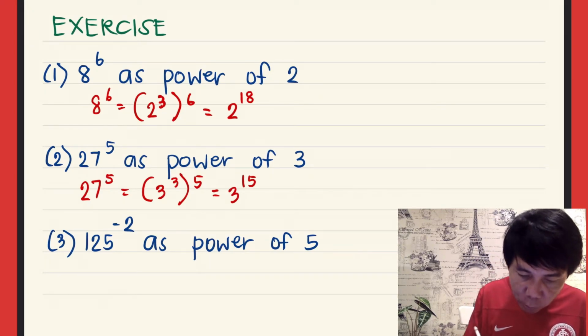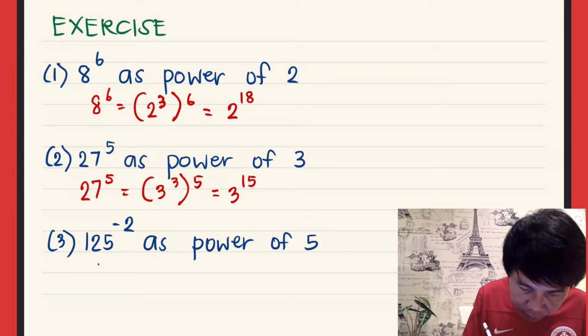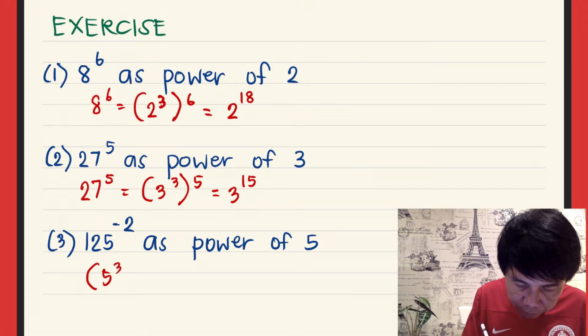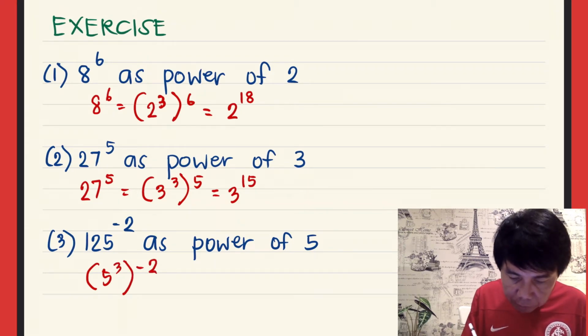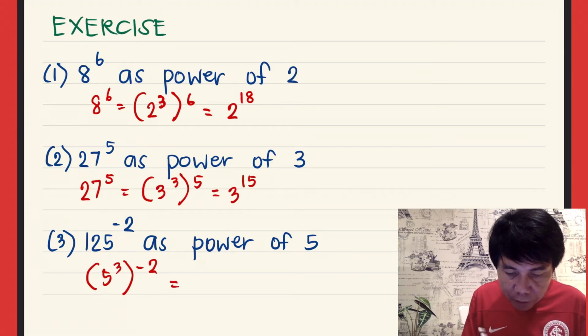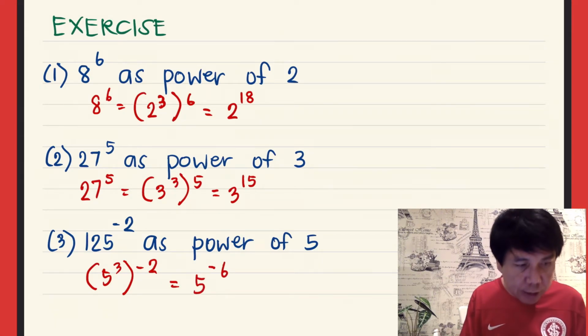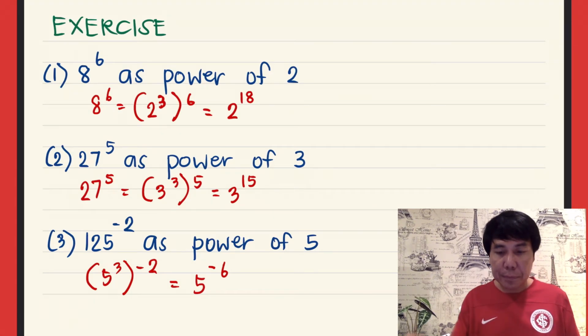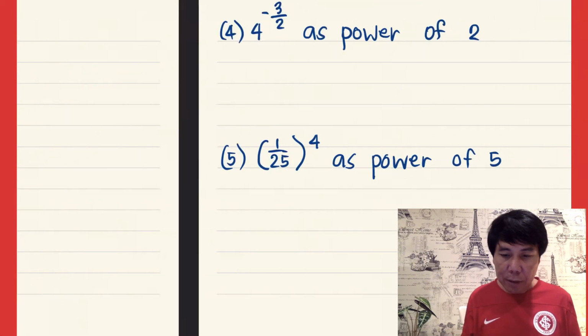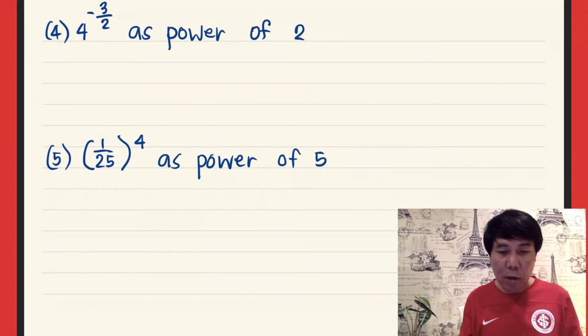So 125 is the same as 5 raised to the power of 3, times negative 2. We multiply the exponent 3 times negative 2. We will have 5 raised to the power of negative 6. That's the answer.